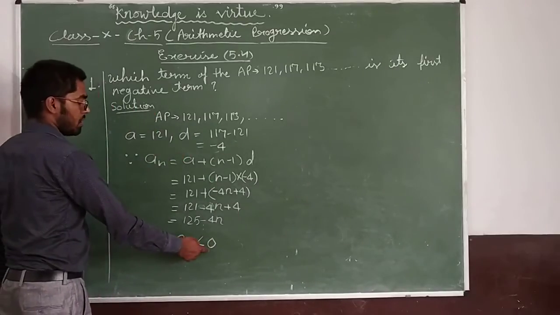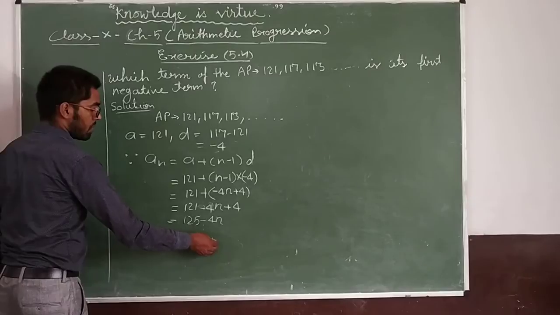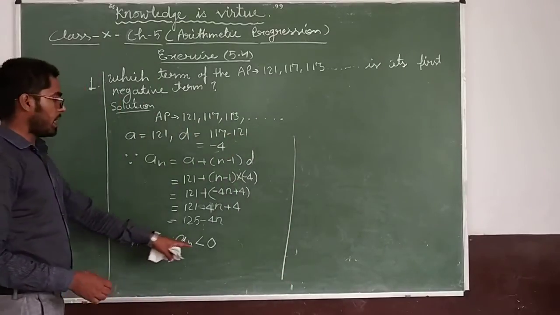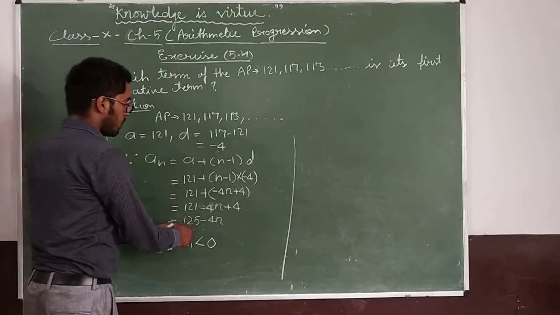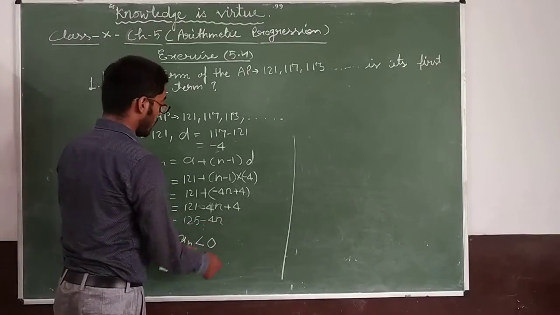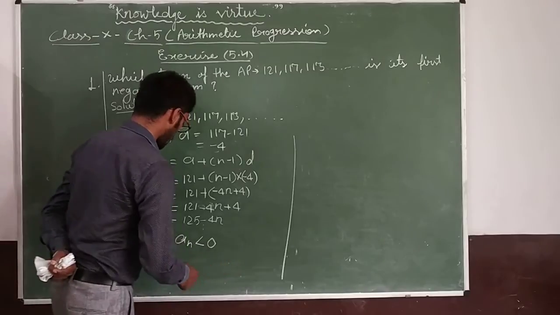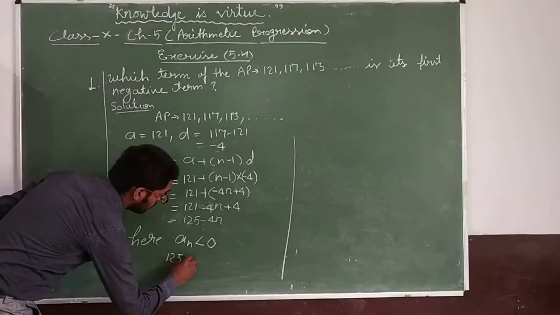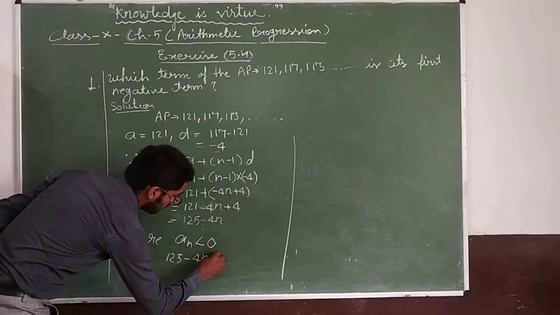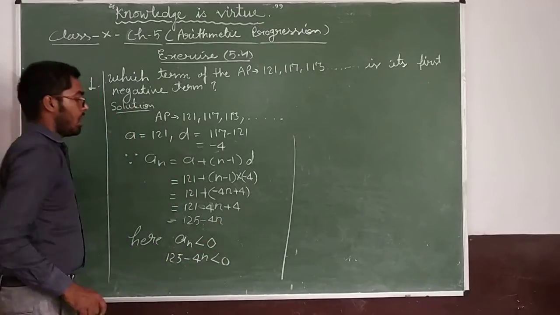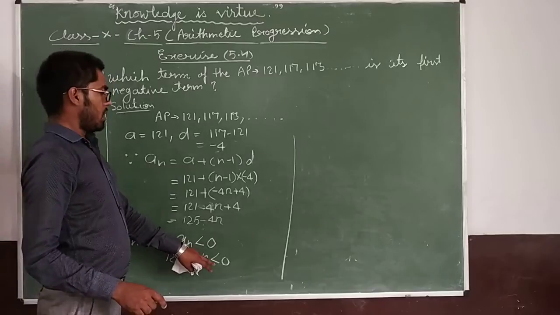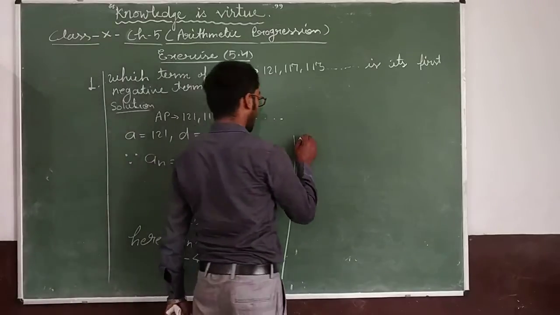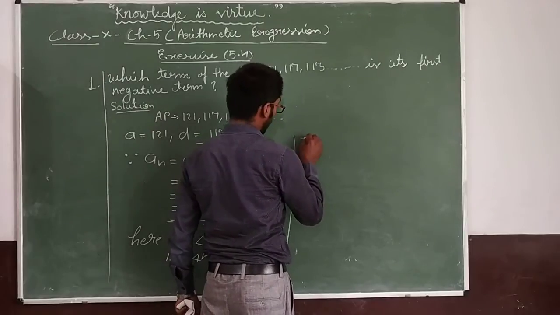Then AN is less than 0, which means 125 minus 4n will be less than 0. Here this less than sign works just like an equal sign, but the values are not equal.